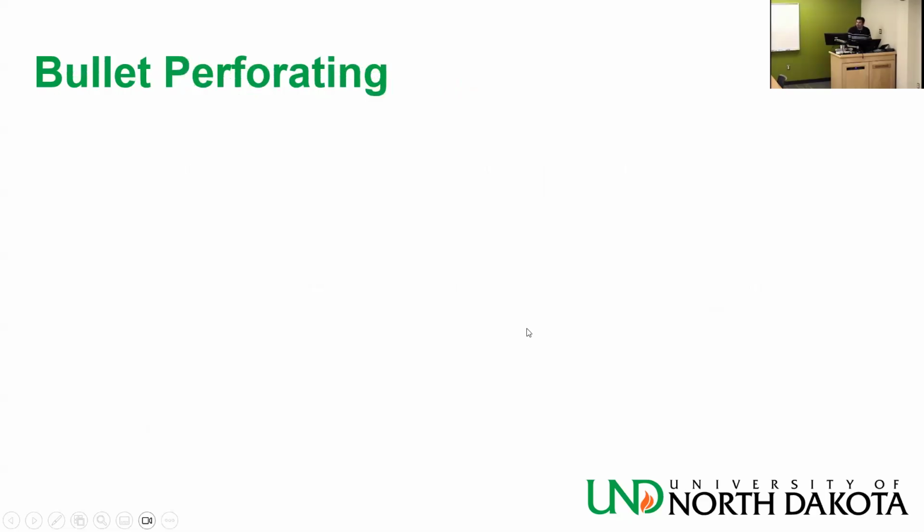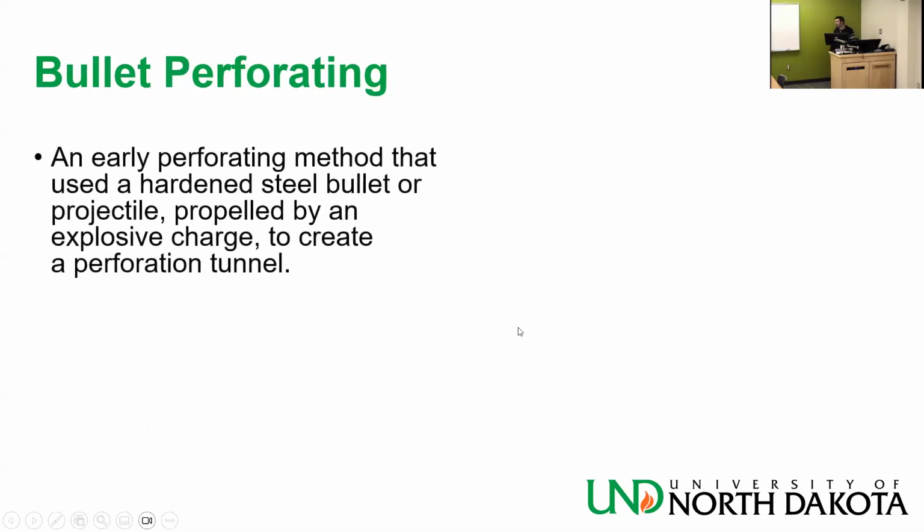Bullet perforating is an old style of perforating. It's a real gun, basically, a perforating gun that shoots bullets into the surrounding rock formation. The main problem with that is the bullet itself. It's a solid piece of equipment that cannot evaporate, so it stays there, blocking fluid flow into the perforation tunnel.